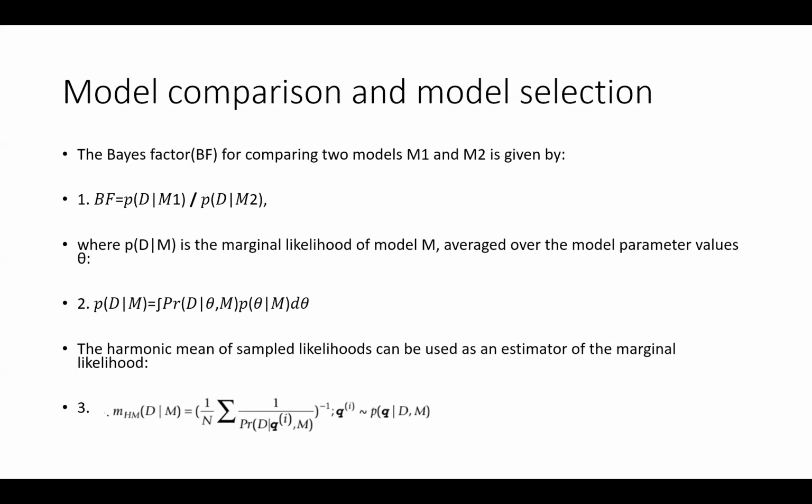Specifically, the probability of the data D given the model M is equal to the integral of the probability of the data D given the parameter values theta and model M times the probability of the parameter values theta given the model M, with respect to theta.